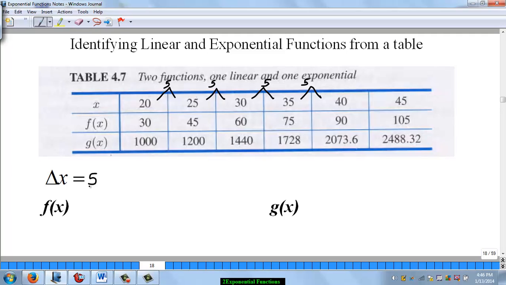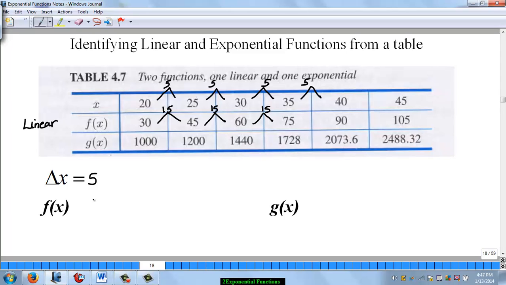Now let's look at f of x. So we're going to do some carets here. I see that I'm going from 30 to 45, so I'm going up 15, going up 15, going up 15, and I keep going. So it looks like maybe f of x might be linear because it's increasing 15. My delta y is 15 and my delta x is 5.